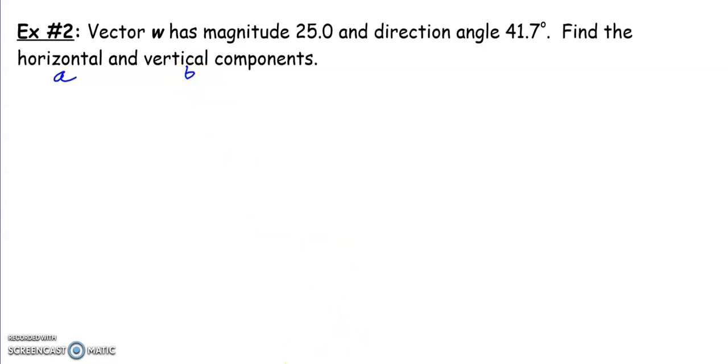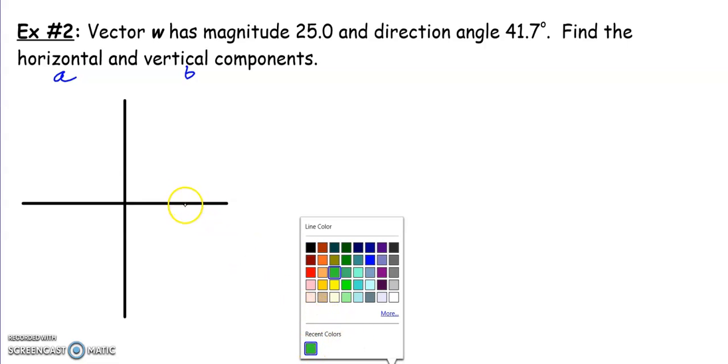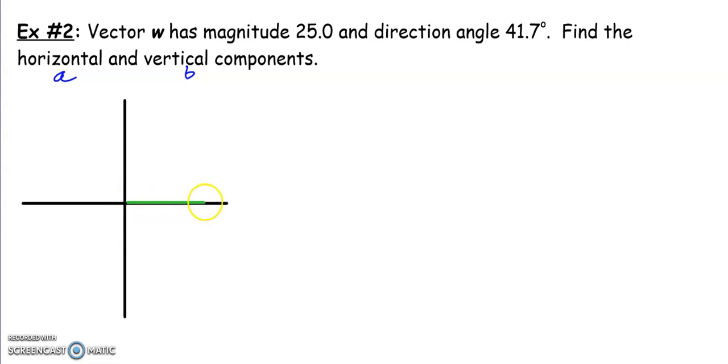Well, how? Thank you for asking. So if we look at our grid, I love our pictures. We have vector W. It has a magnitude of 25. It has a length of 25. And from horizontal, we are going to go up 41.7 degrees-ish, and that is a magnitude of 25 and an angle of 41.7.